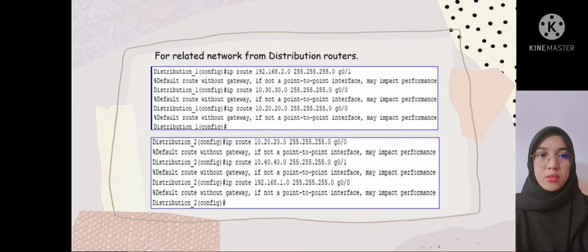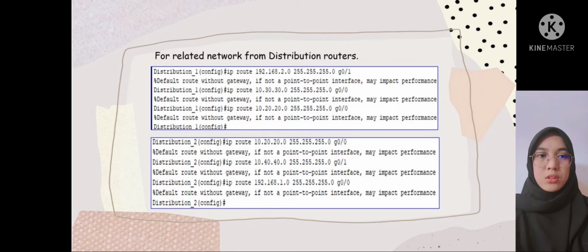For the related networks from the distribution routers, for distribution 1, we are going to configure ip route 192.168.2.0 255.255.255.0 G0/1.